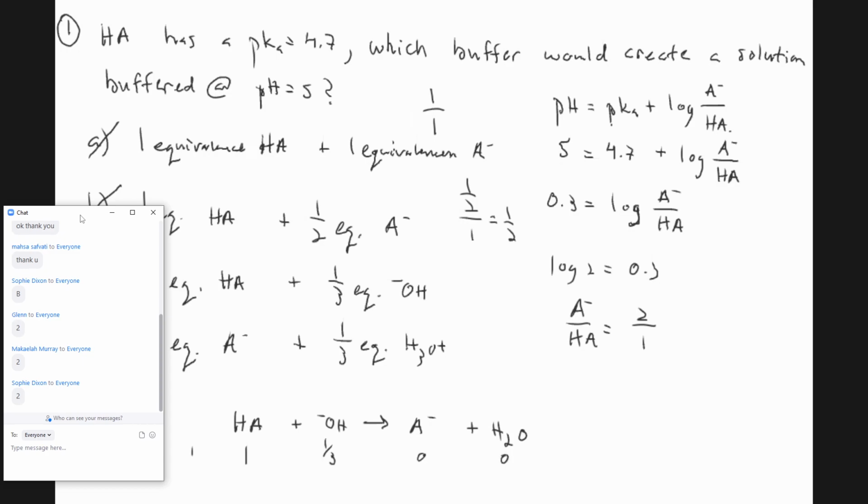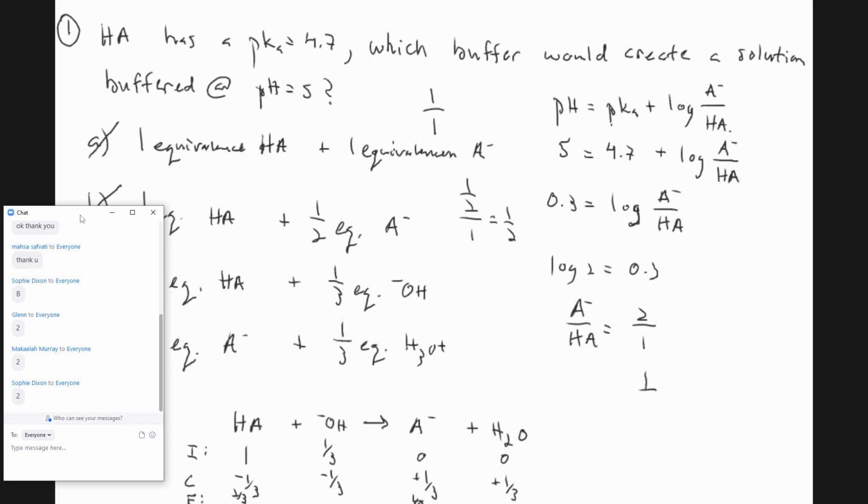Think of doing your ice box for equilibrium. This is our initial conditions. Our change is going to be minus 1/3, minus 1/3, add 1/3, add 1/3, right? So then at equilibrium, you're going to have 2/3 of the acid and 1/3 of the base.